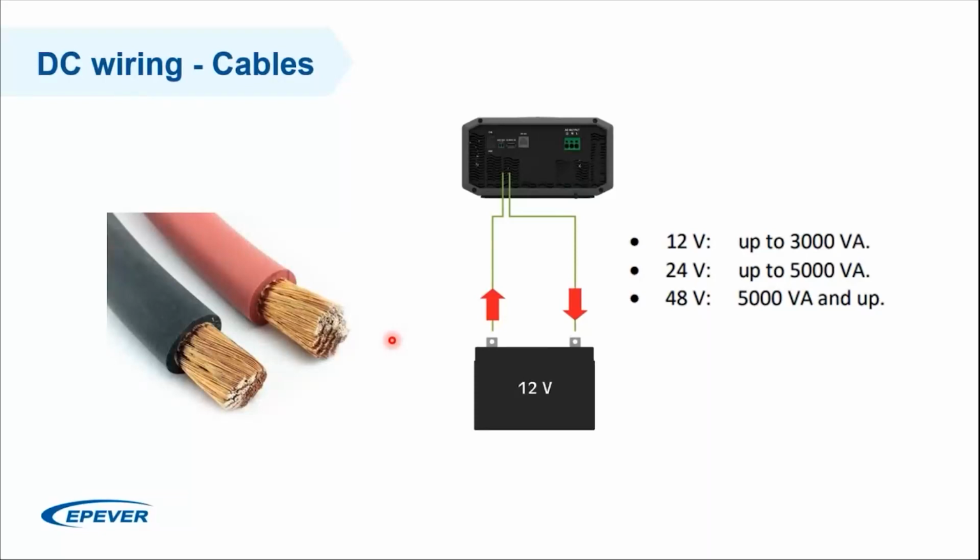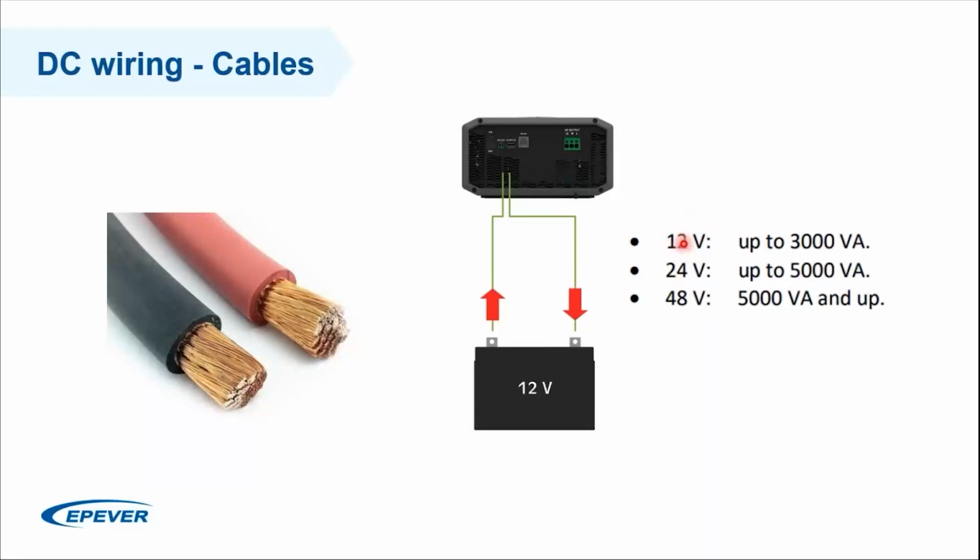Imagine you increase the DC system voltage. As a result, the DC current will drop and the cables can be thinner. And there is a sort of rule for that. If you're running loads of up to 3 kilovolt amperes in your system, 12 volt will suffice.